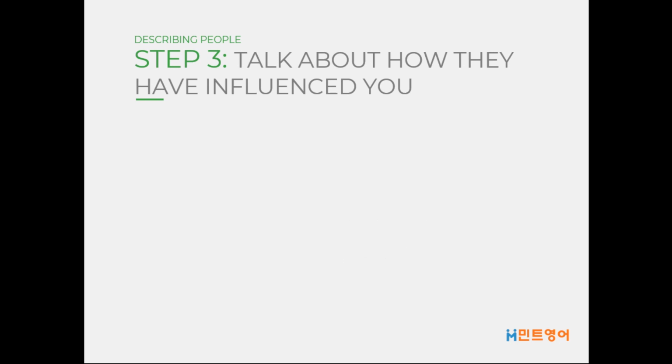This step is most often present in the cue card question. If you used an anecdote in the previous step, it will be easy to say how the person influenced you. By using the third conditional, you'll be able to answer the question how and share the result of his or her influence on you.